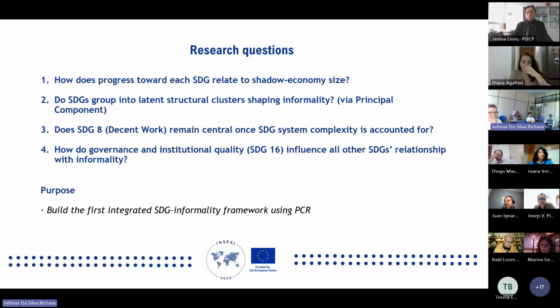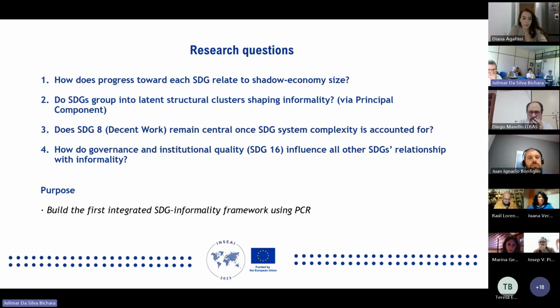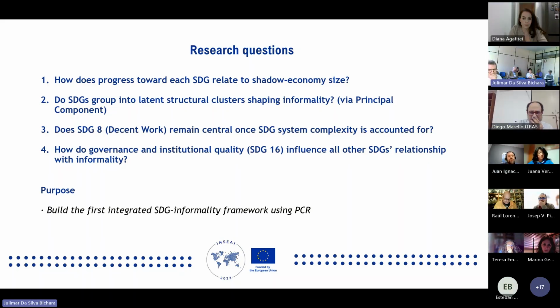Then the third one: does SDG 8, the one related to decent work, remain central once SDG system complexity is accounted for? Then the fourth question: how do governance and institutional quality, and here we talk about SDG 16, influence all the other SDGs' relationship with informality? So basically, our purpose was to build the first integrated SDG informality framework using PCR, principal component regression.